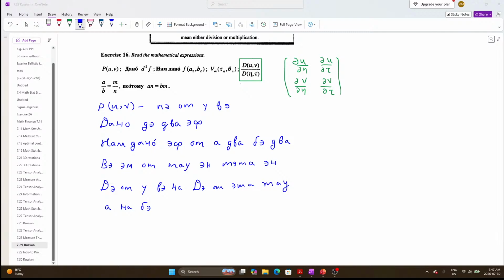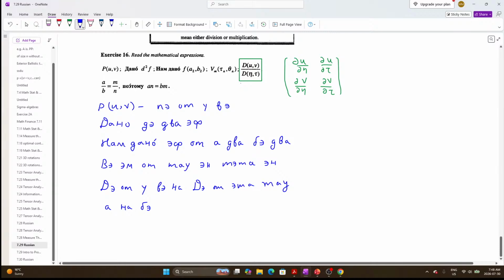Okay. Google Translate, help me out here, or chat, preferably chat, because let me find out. Google Translate. Say A over B equals M over N. Равно. А, Б равно М, Н. Равно. Like равно.